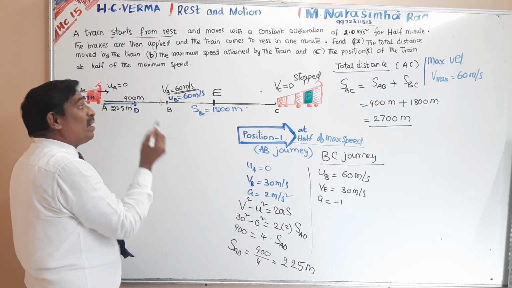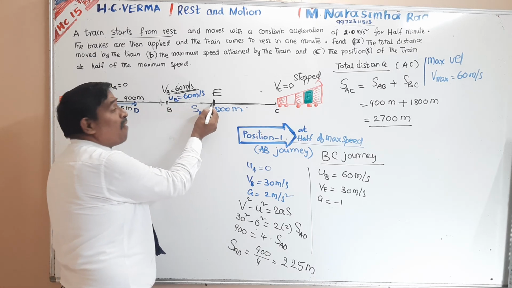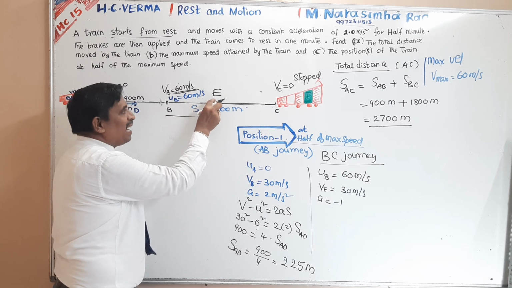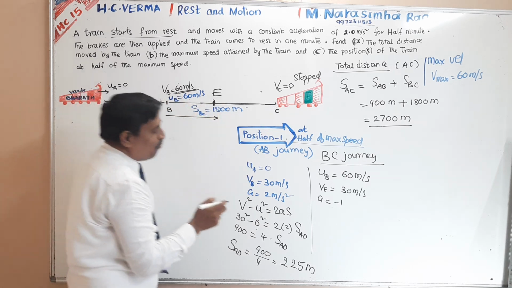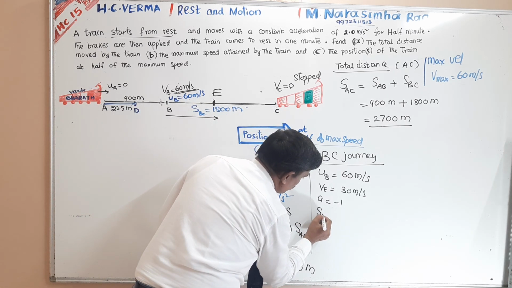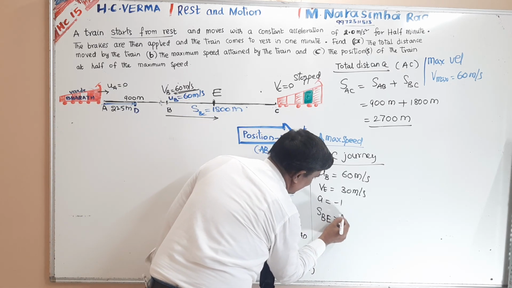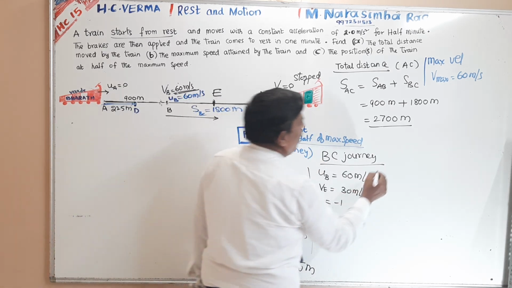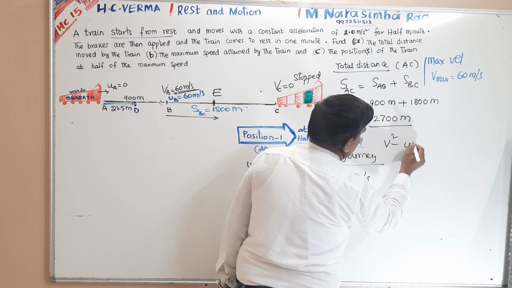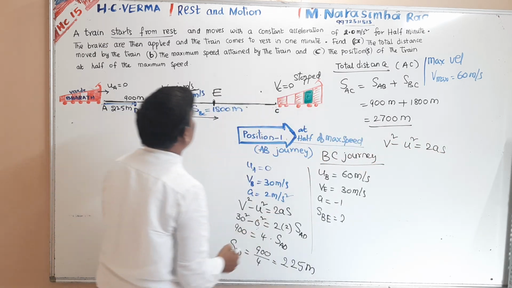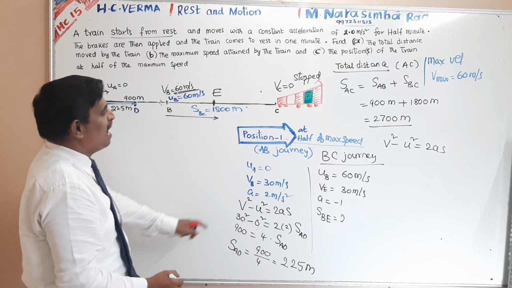To get half of the maximum speed, the train travels from B to E. This distance we have to find. SBE is equal to what? V square minus U square is equal to 2AS.